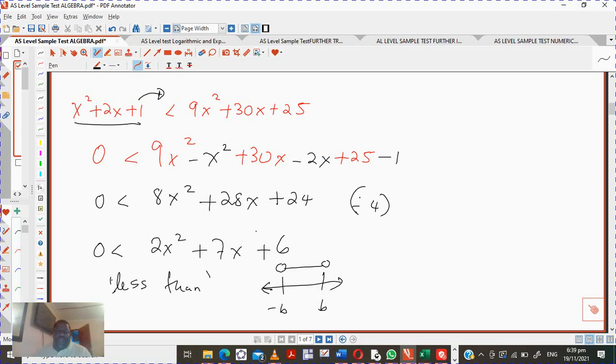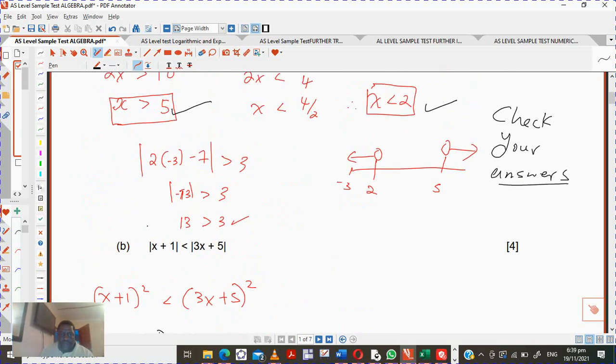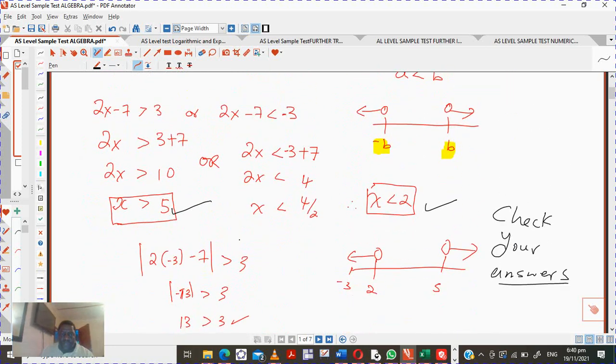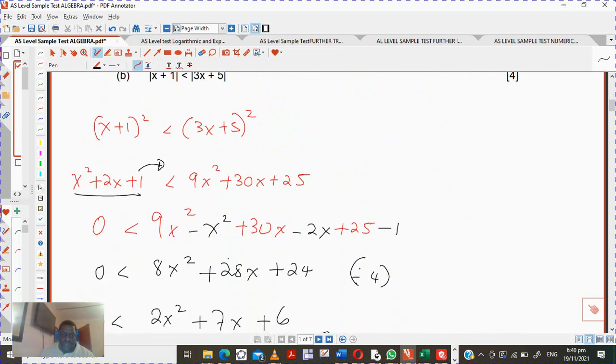You can go ahead and factorize this and make it an equation. We know now what we are looking at in terms of solving that. But our original inequality is greater than, so I just want to be sure that we do not mix things around. So these are the inequalities.